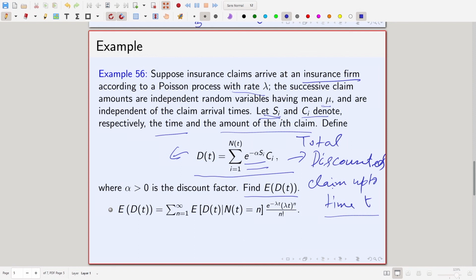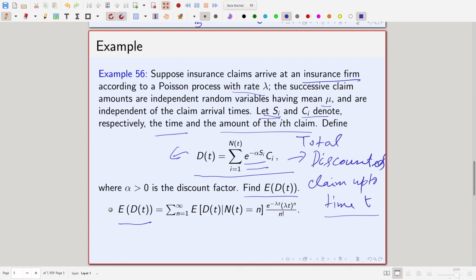Okay. Now how to do that? We want to find out the expectation of D_t. Again, we will use the trick that we have used so many times in this course, and which is used everywhere in probability, this trick of conditioning.